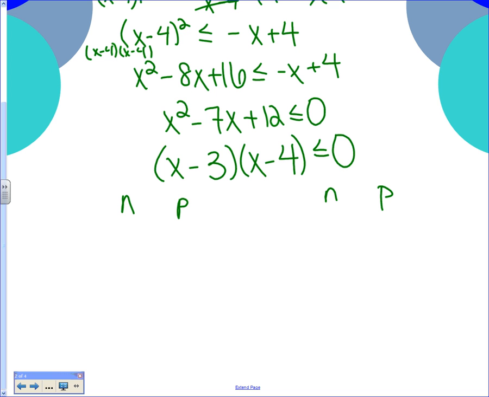So it's either a negative times a positive, which is a negative, or a positive times a negative, which is a negative. So x minus 3 is negative and x minus 4 is positive, or now my x minus 3 is positive and my x minus 4 is negative. So if this one is negative, what would I do to make it negative?